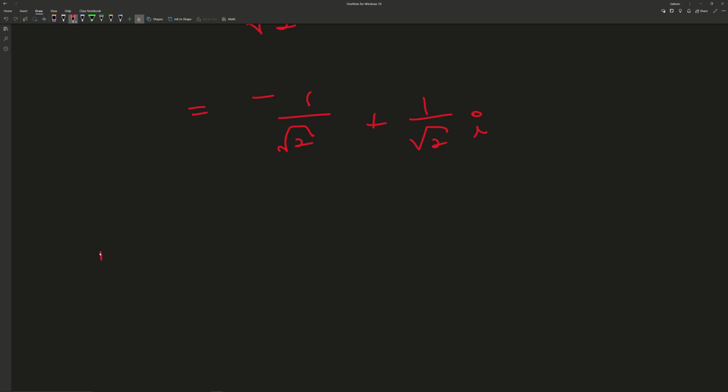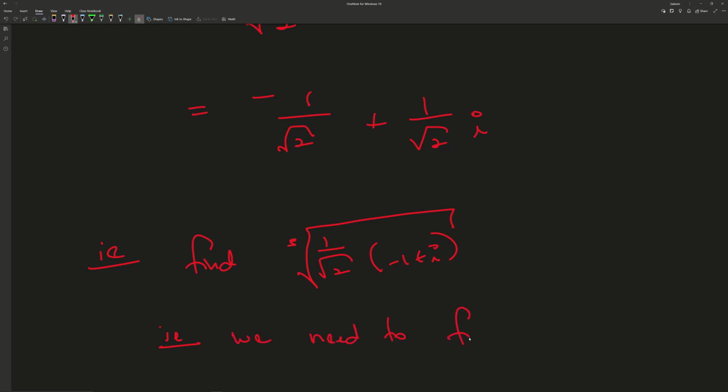So that's the same thing as we want to find the cube root of this, right?